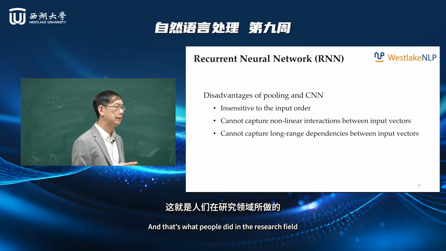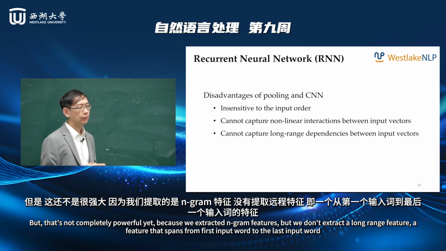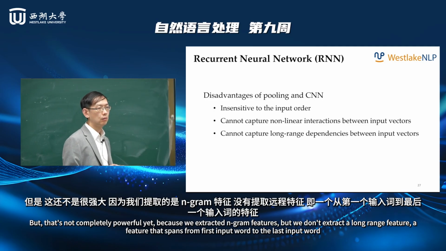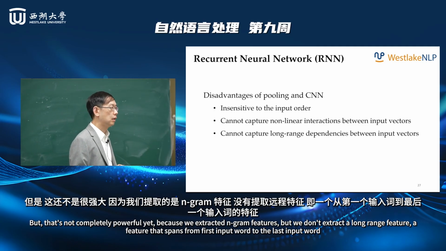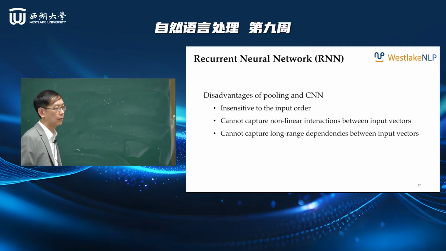And that's what people did in the research field. But that's not completely powerful yet, because we extracted n-gram features, but we don't extract a long-range feature, a feature that spans from the first input word to the last input word.